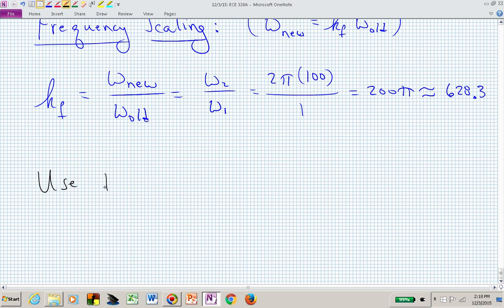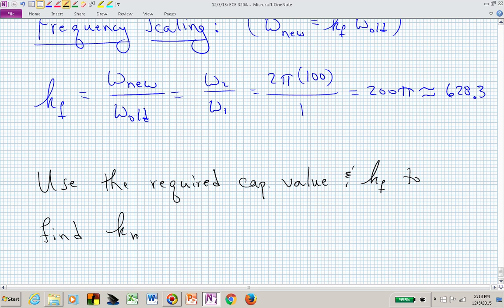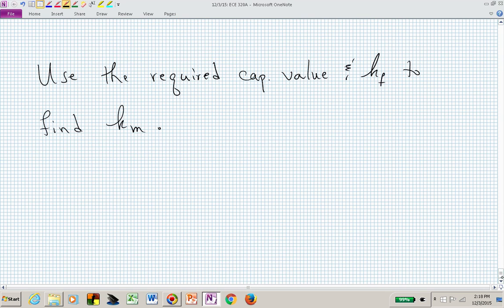So we're going to use the required capacitor value and this frequency scaling, K sub F, to determine our magnitude scaling, K sub M. We're doing this in a not entirely direct fashion. We found the frequency scaling directly, but now we are backing out the magnitude scaling indirectly from parameters that we were given in our problem.